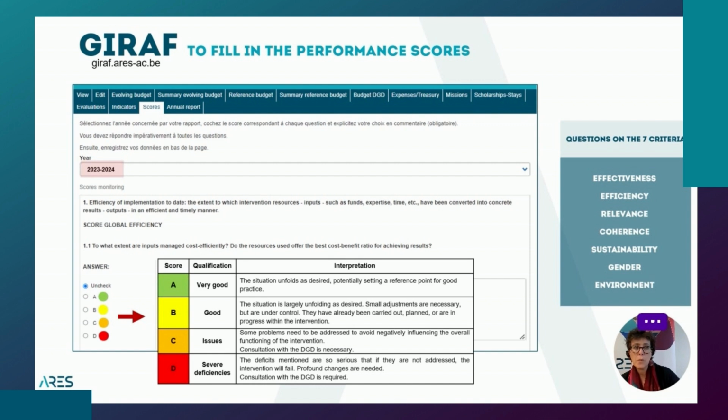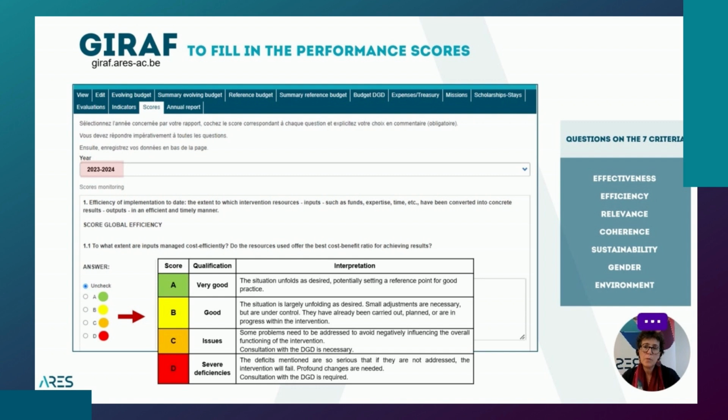C, you have issues. Some problems need to be addressed to avoid negatively influencing the overall functioning of the intervention. And in this case, often a consultation with ARES and DGD is necessary. It's necessary with DGD if we would have a C for all the instrument.